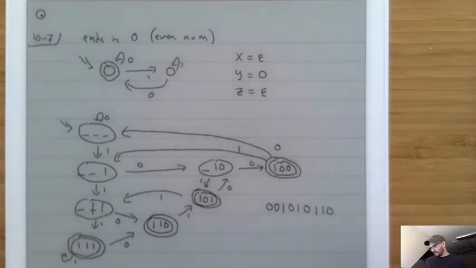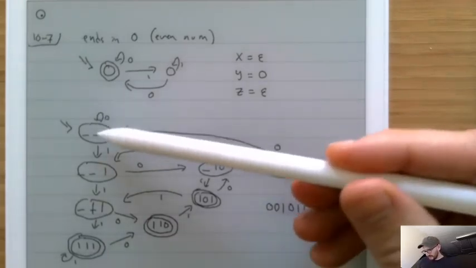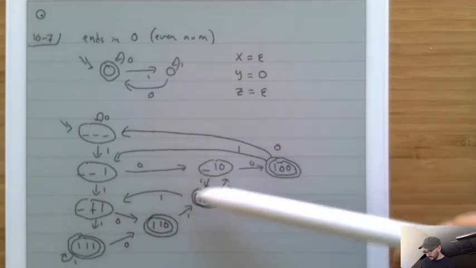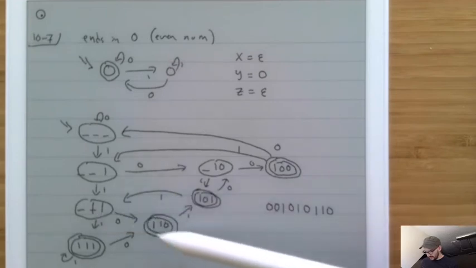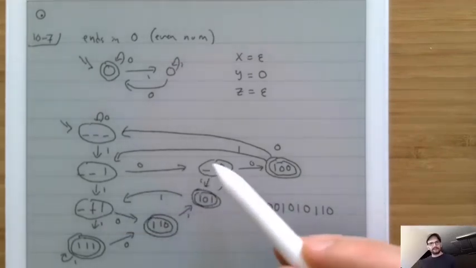So notice that what this does is it goes 0, 0, 1, 0, 1, 0, 1, 1, 0. And so notice that there's a loop right there.